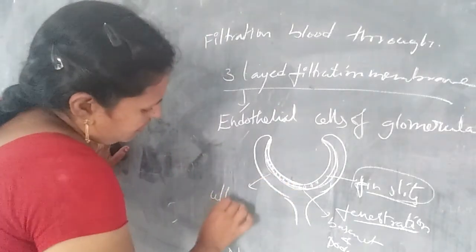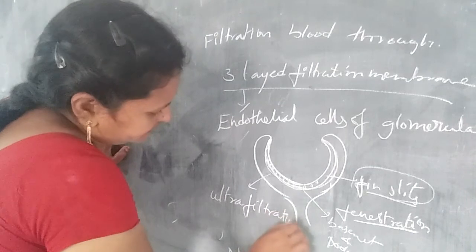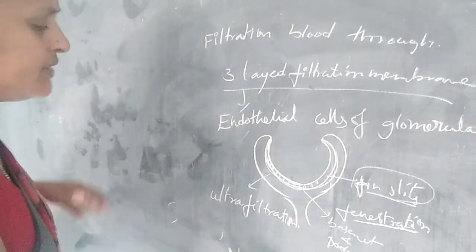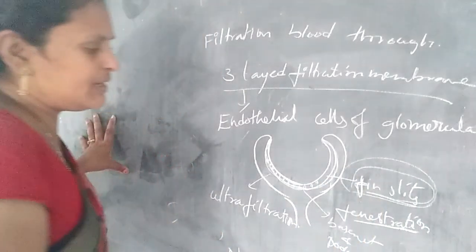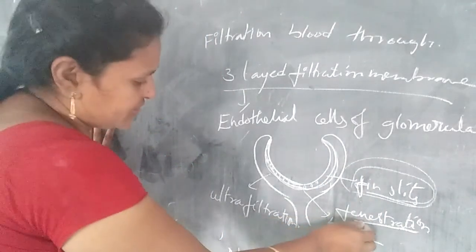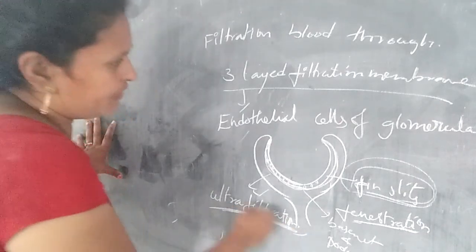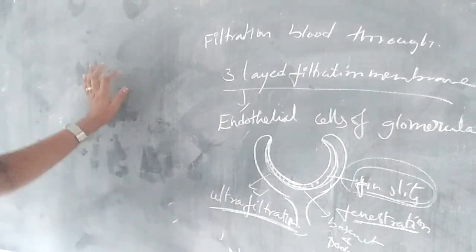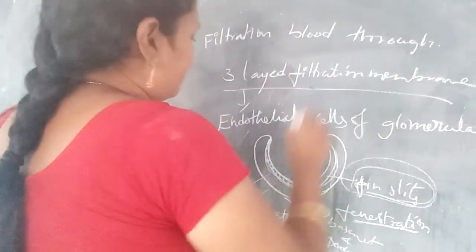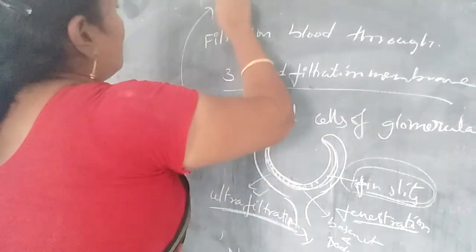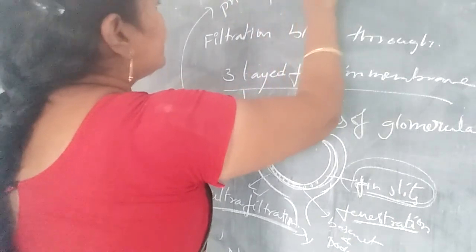The blood is filtered through the thin slits or fenestrations, which is also called ultrafiltration. Then finally the filtrate formed is called primary urine.